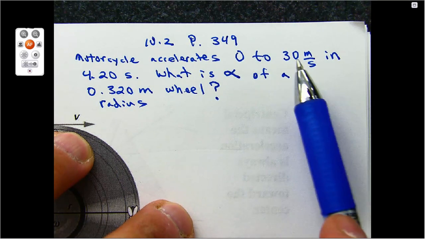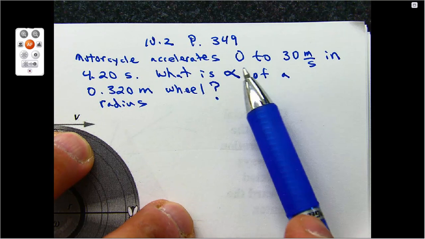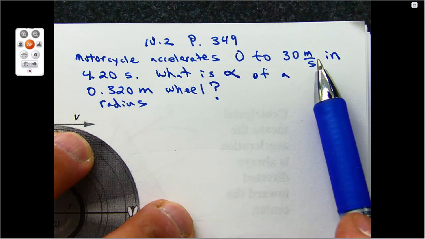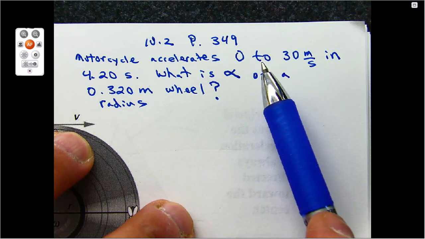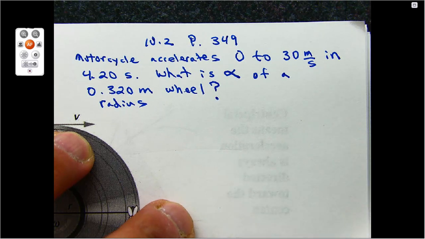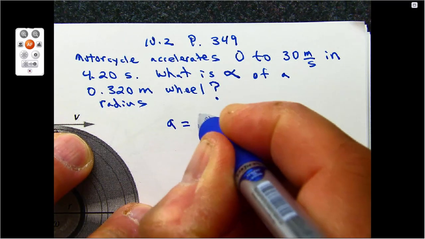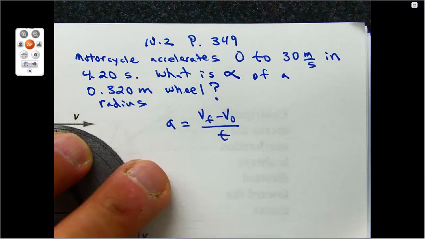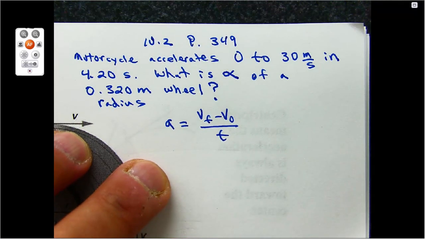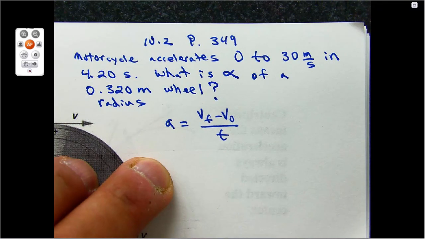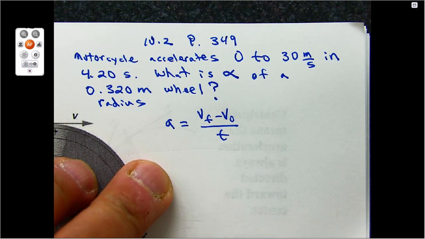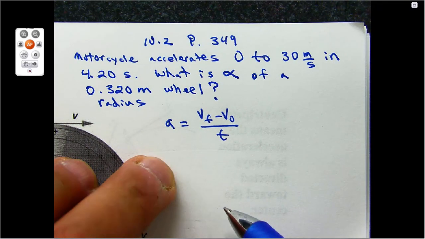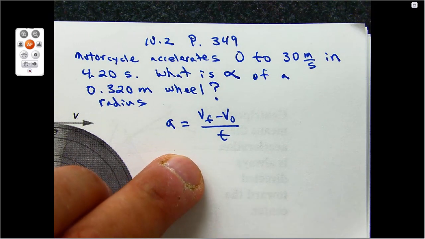This is linear units, right? So let's get our linear acceleration first. We'll just do acceleration as v final minus v initial divided by t, right? Just like we did early on. Right? Nothing new here. This is why this is nice to do this towards the end. We're kind of reviewing everything a little bit, kind of.